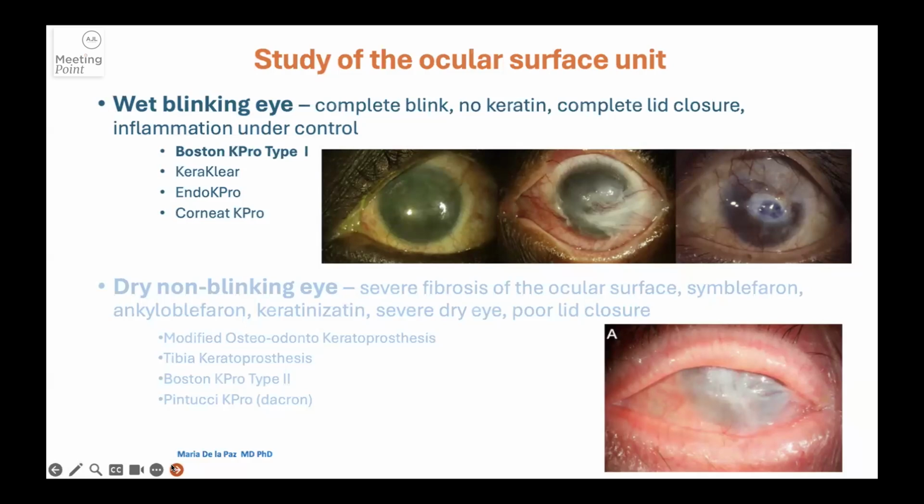So if you have all of that, then you can probably think of doing your Boston KPro type 1, or your KeraClear, or your Endo KPro, or Cornete. The last three don't have too much follow-up yet, but Boston KPro does, and as you will see, it is the gold standard for now. Or are you dealing with a dry, non-blinking eye? And we will go to that later.